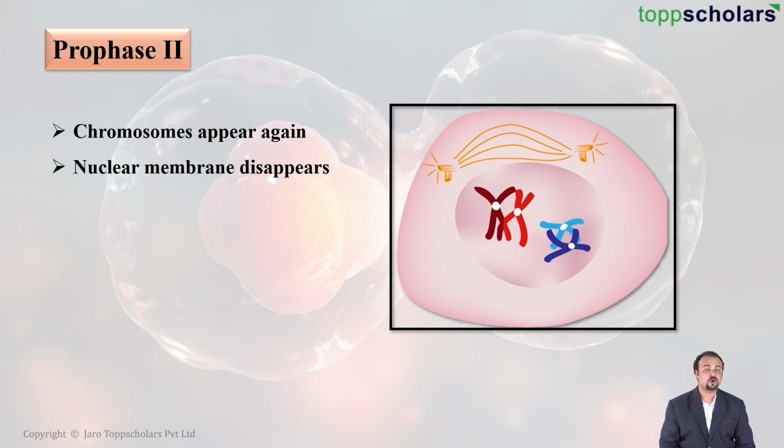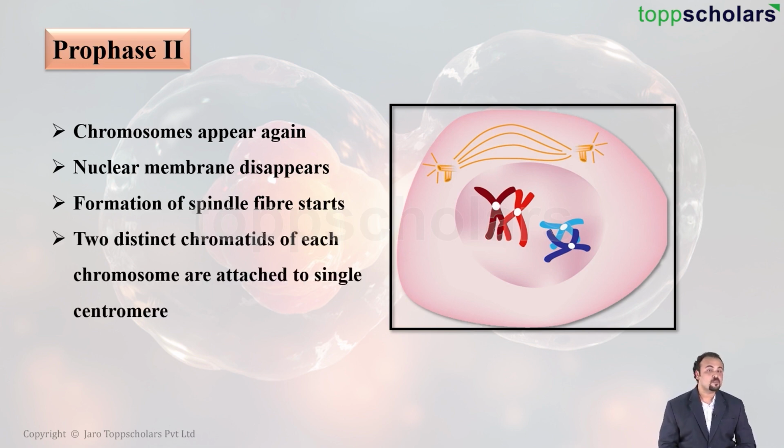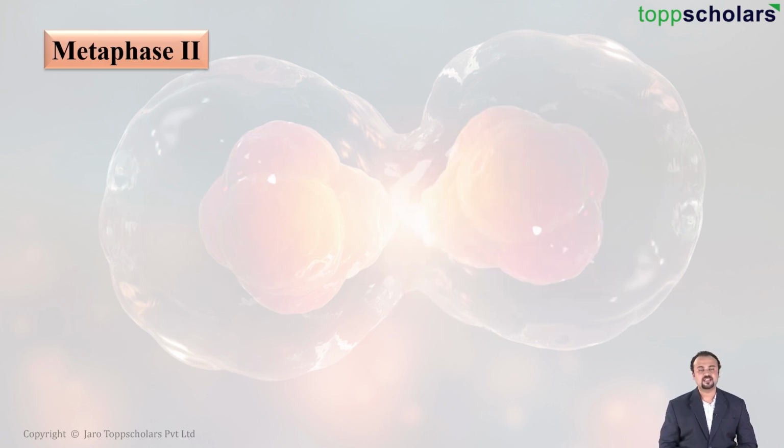The same thing is going to occur here. Moving on, there will be formation of spindle fibers which will start again. And finally students, at this stage, the chromosomes are made up of two distinct sister chromatids which are attached to a single centromere.